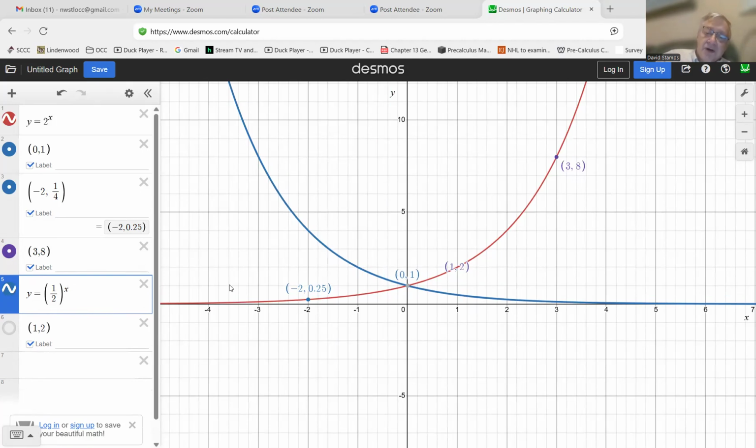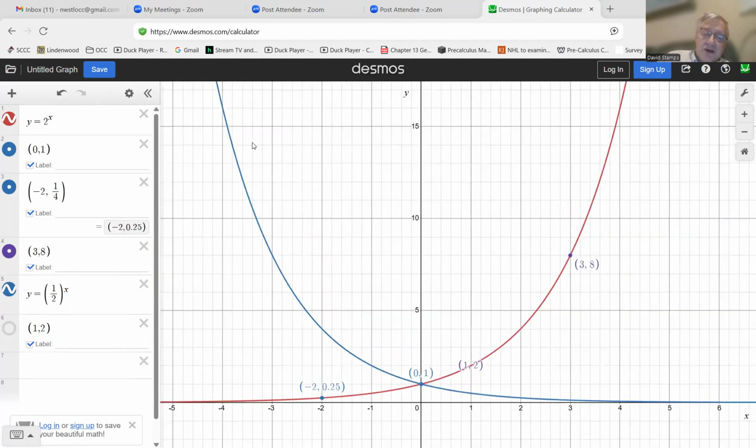Notice an ordinary graph like y equals 2 to the x skyrockets upward. It's always increasing, and the horizontal x-axis is a horizontal asymptote that the graph gets closer and closer to, no matter whether the value of b, the base, is bigger than 1 or less than 1. That just dictates in which way the asymptote is taking place.